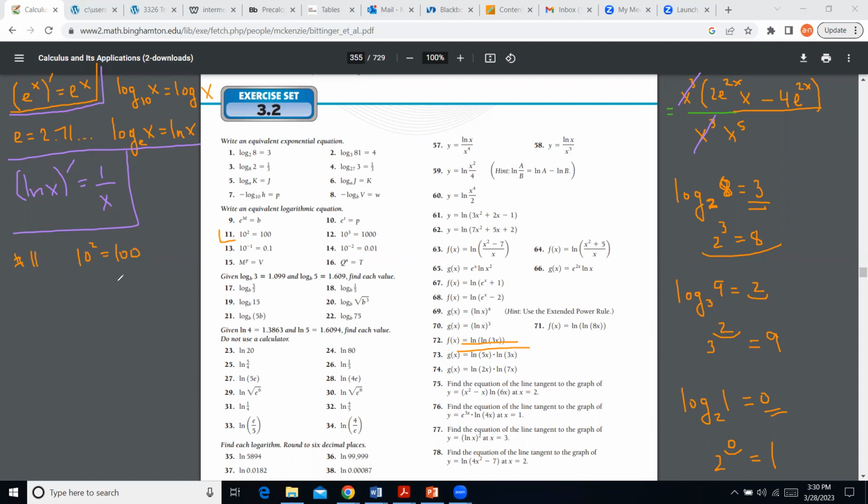What I can do is write this as a logarithm of base 10. Why base 10? Well, that's the base of my power, right? And this logarithm will be equal to number 2, because the logarithm is nothing else but the power. So this power of 2 is what I have equal to the logarithm. And the result of squaring 10 is 100, so the result we put here.